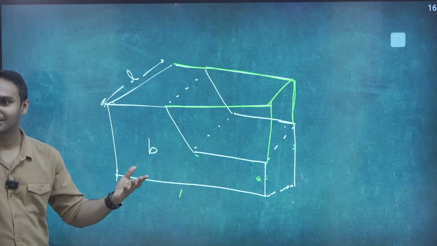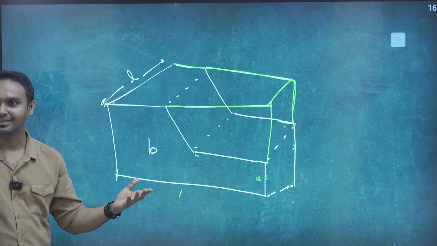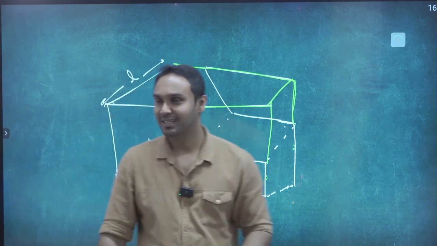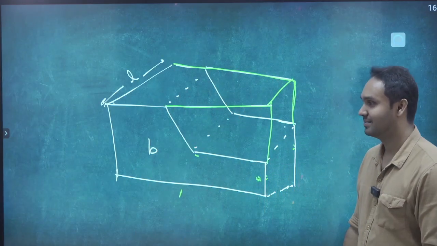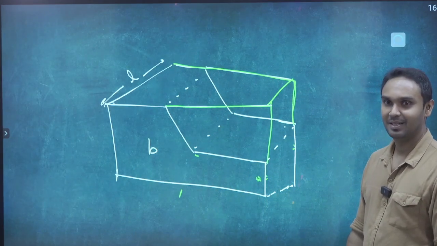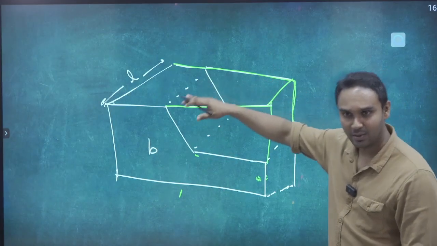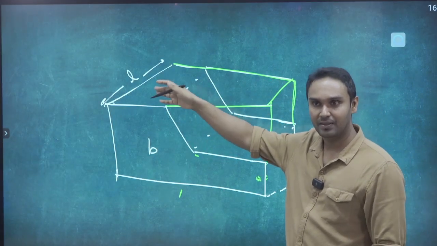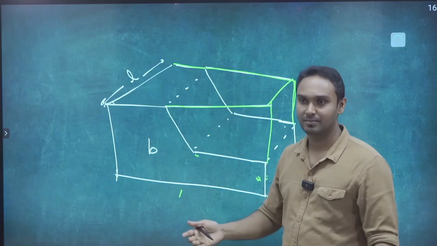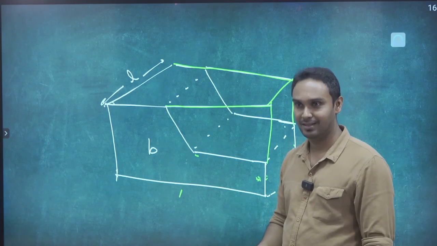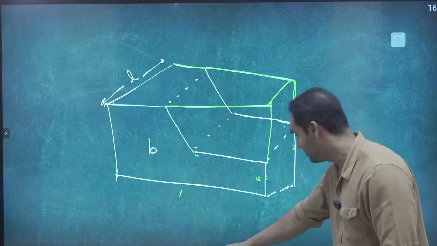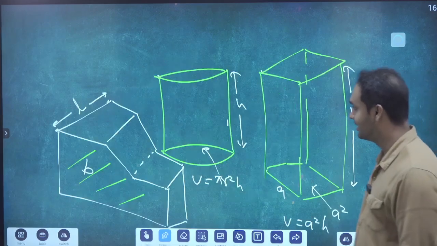That is the complete thing I was telling the whole time, right? If the cross sectional area continues, that cross sectional area times the length will give the whole volume.